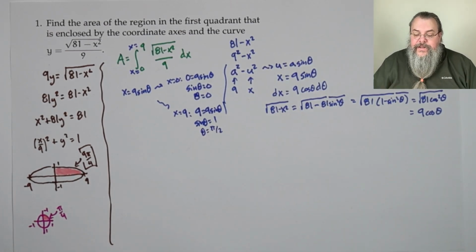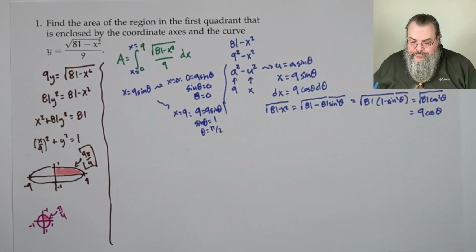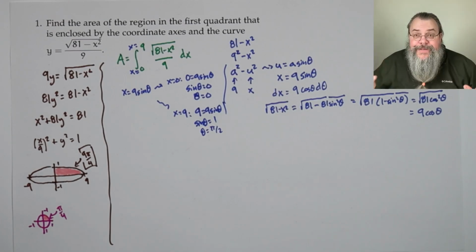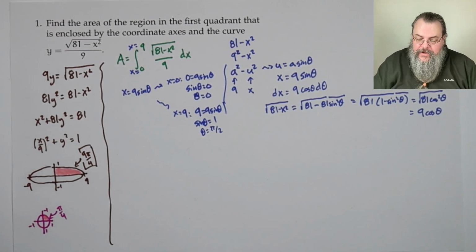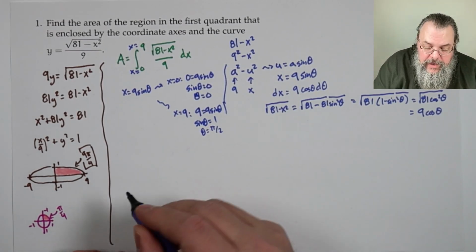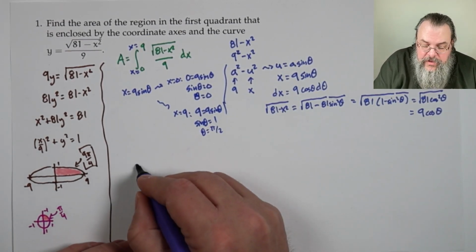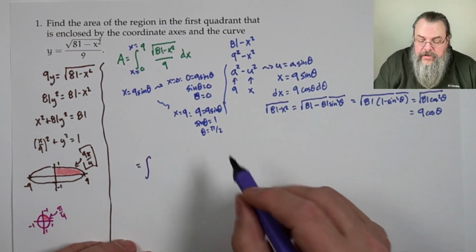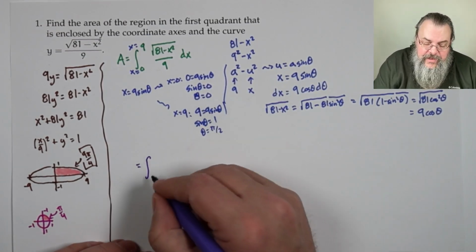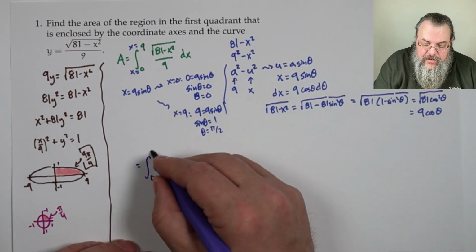All right, good. So we've written a lot of stuff down, but this is all helping us to update our integral. So now we update our integral. And we say, okay, what do we have? Well, we have that this is equal to the integral and our new bounds, 0 to pi halves. Nice bounds for trig.